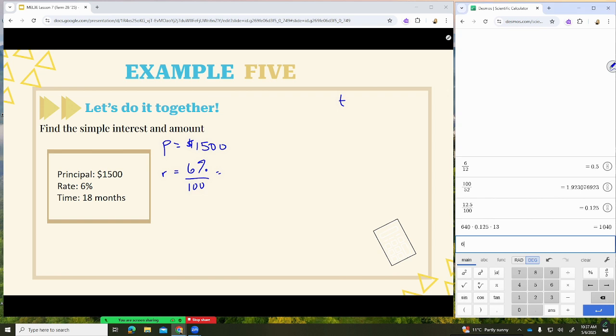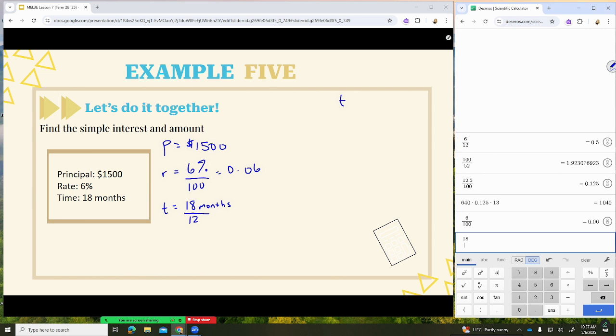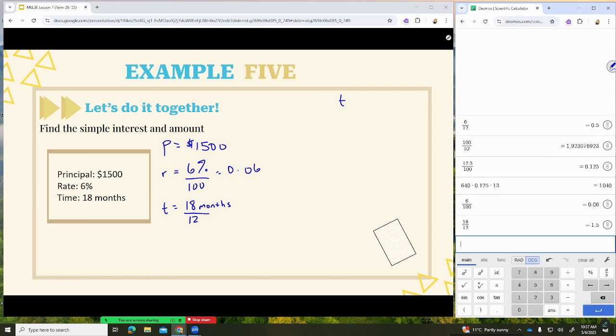When we divide 6 by 100, we get 0.06. So R equals 0.06. And time is 18 months. But we must express time in years. So we have to divide by 12 because there are 12 months in a year. 18 divided by 12 equals 1.5 years.